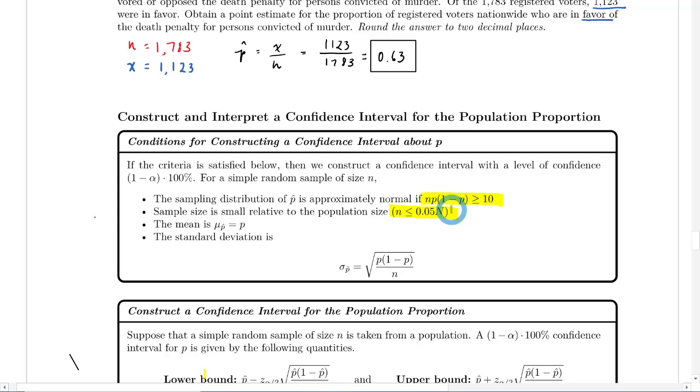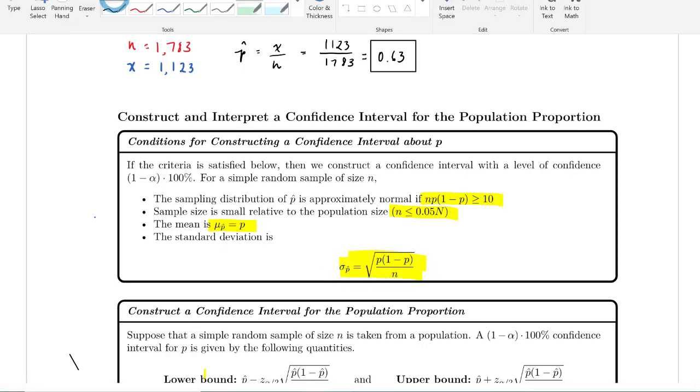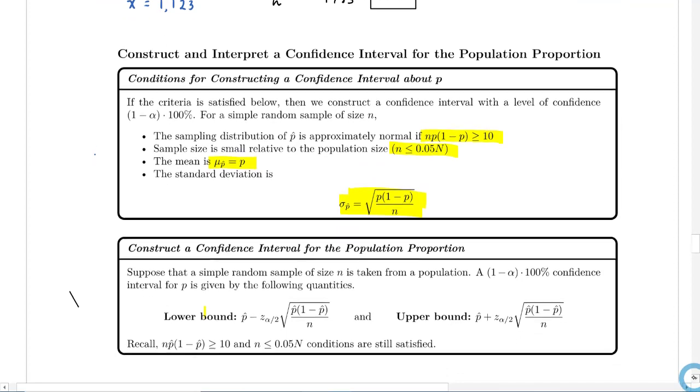The nice thing about the population proportion and estimating it is that we can say that the mean with respect to the sample proportion is the population proportion. And the standard deviation is this nice little square root that I believe we've seen before.